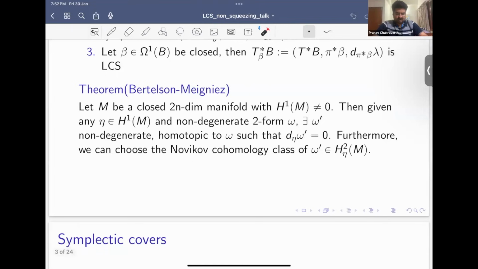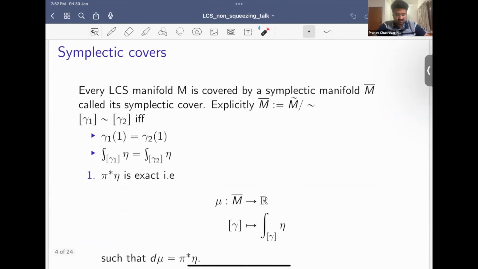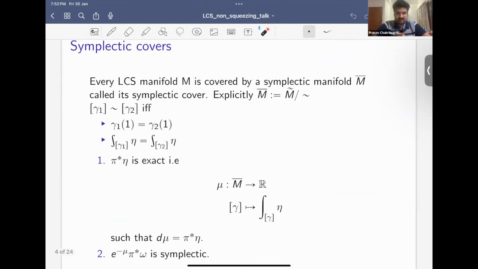Okay, so there are two naturally associated spaces to every LCS manifold. One is its symplectic cover, which is explicitly constructed as follows. You take the universal cover and you quotient out by the relation that your closed one form needs to integrate. So gamma 1 is equivalent to gamma 2 if your closed form integrates to the same value on both gamma 1 and gamma 2, where gamma 1 and gamma 2 are homotopy classes of paths on the universal cover.